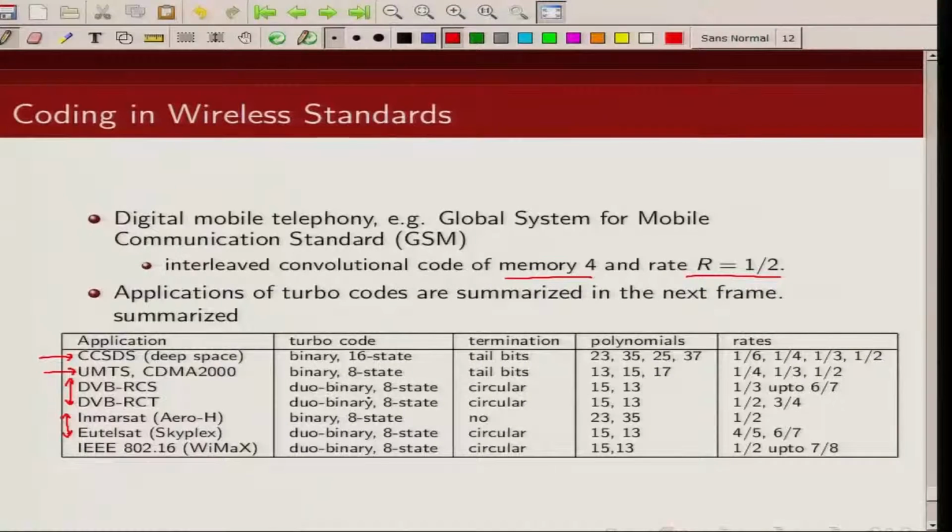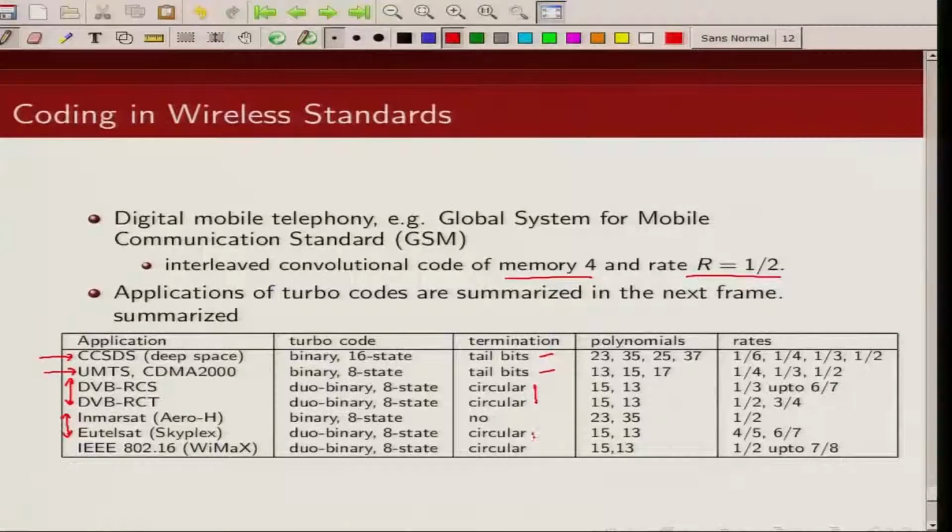The duo-binary turbo code essentially uses a rate k by n code, where k is greater than 1, and there are additional tail bits that have been added in some of the cases for termination of the encoder, and in some cases where you see this circular notation, they have used a circular recursive encoder.